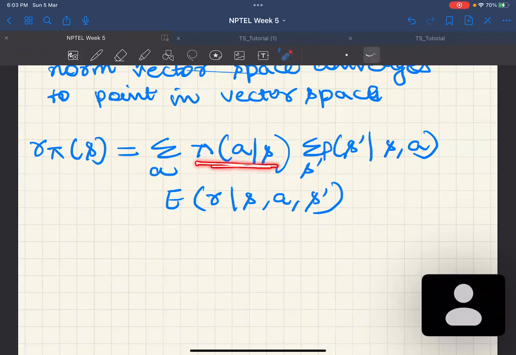It tells me pi of A given S, what is the policy I should follow if I start with S, summing up over A. If I follow the policy, what will be the A given to me? Then now I am having S and A. What is the probability that I'll go to the S dash?